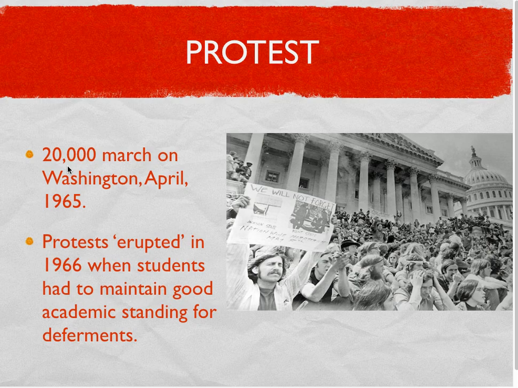Now all of a sudden, they're going to be more interested because this issue is directly affecting them. Now, the college deferment isn't completely taken away in 1966, but you had to maintain good academic standing. Now, that's some pressure, right? Hey, you better get good grades or you're going to be drafted, okay? Well, that affects a lot of kids, and so we're going to see protests continue to accelerate.